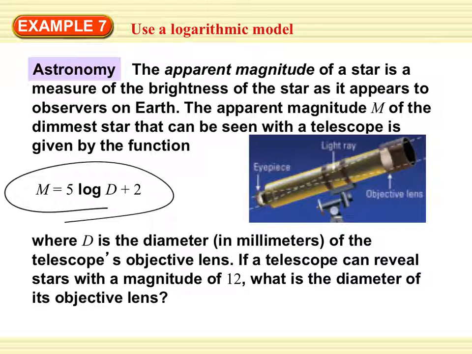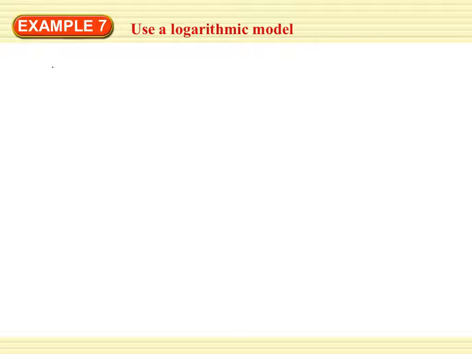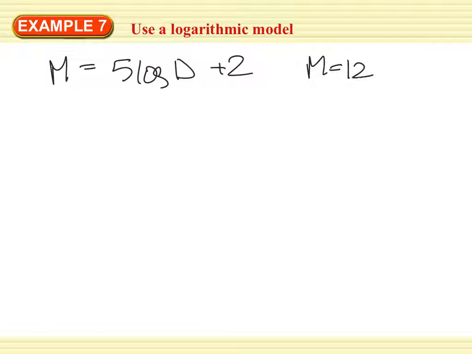We see d is the diameter of the objective lens, and that's what we're trying to solve for. Magnitude 12 is what we have. So let's go ahead and try it. I've got m equals 5 log d plus 2, where m is 12 and we're solving for d.